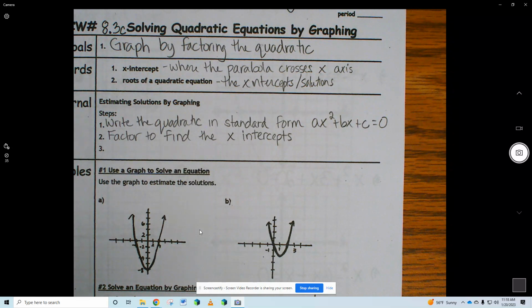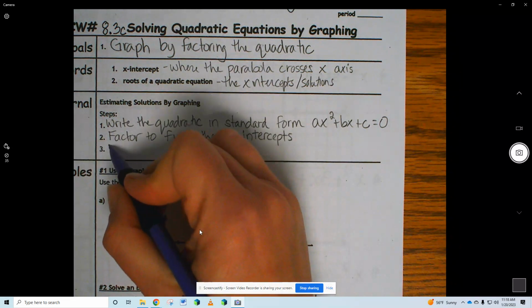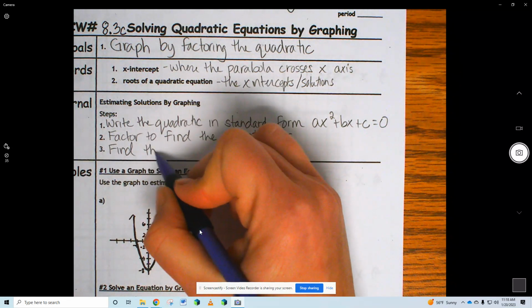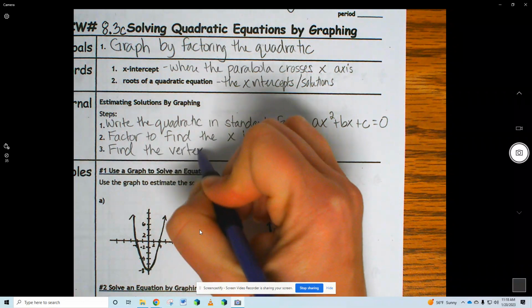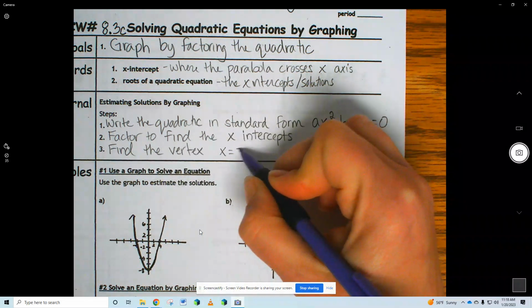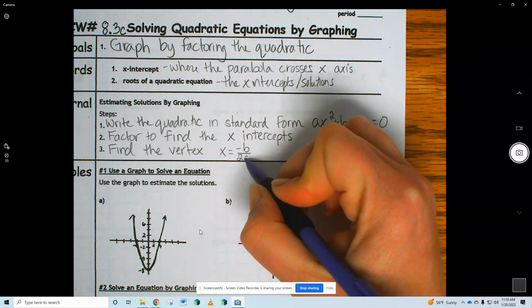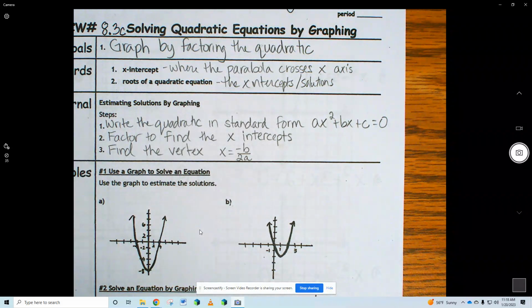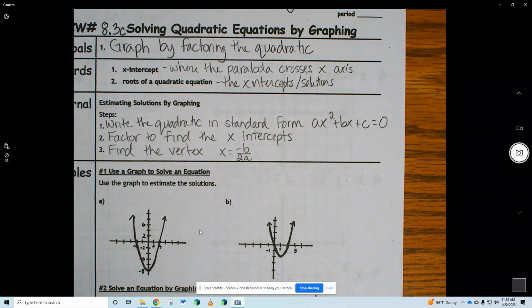And then step 3, find the vertex. It starts out with x equals negative b over 2a. So, our steps are going to be factoring and then find the vertex.